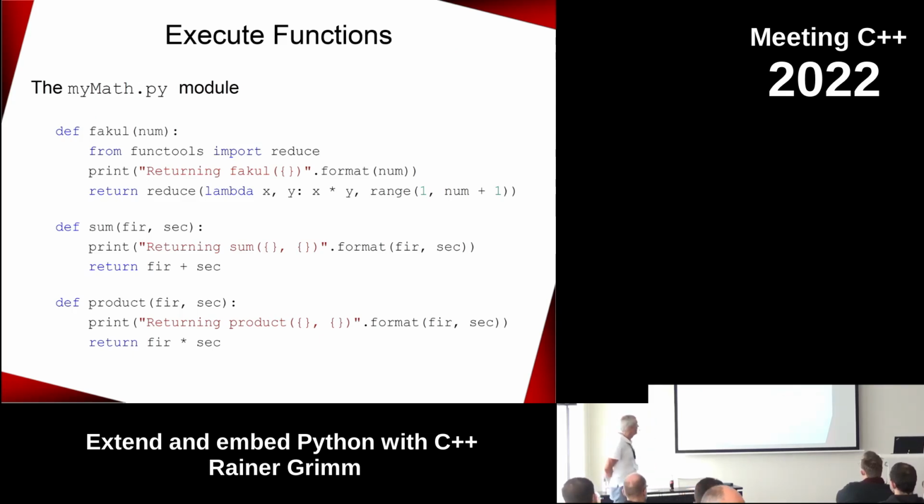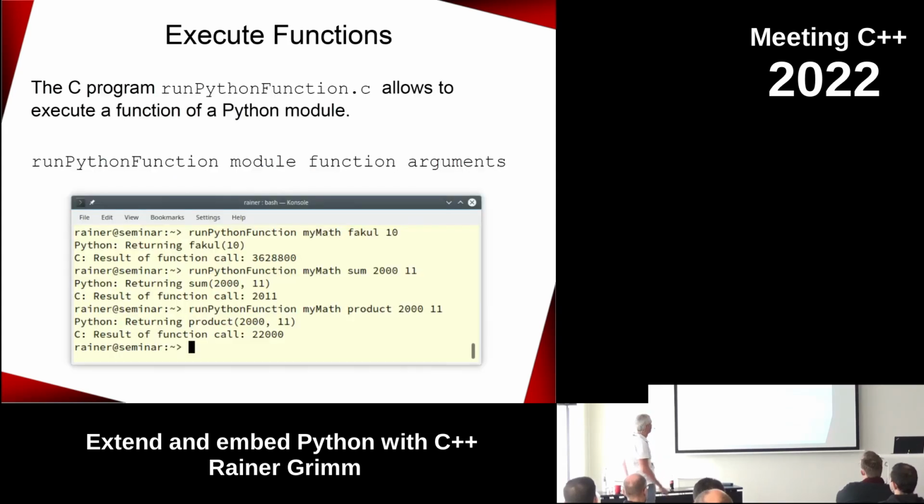Okay, then I do a little bit of sum, and I do a little bit of product. And this is now the Python function I want to use from C. Here's how I use it. I will explain the details later. This is a C function which invokes this script from before and says perform faculty with the argument 10.